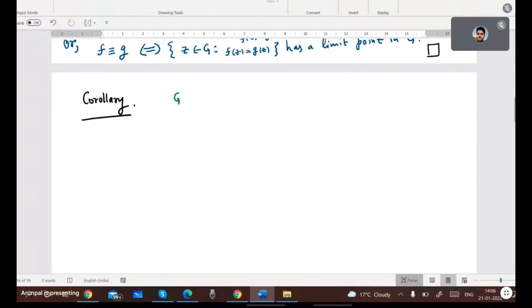Class, suppose G is open and connected, and f is defined on G. f is analytic, class, and one more piece of information given about f is that f is not identically equal to 0.